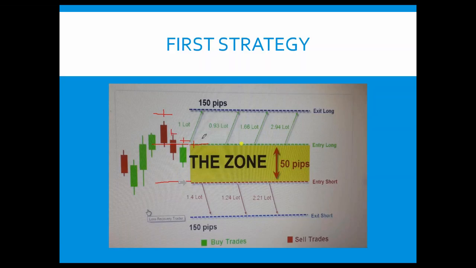Our take profit is 150 pips. Now, this take profit can be changed. You can use a different amount of take profit. 150 pips is a lot of pips, and maybe the euro dollar can do it in one day. The average amount of pips we see movement on a daily basis is around 120.